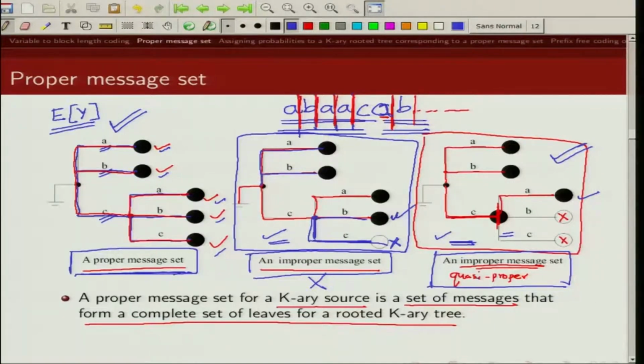Whereas for a quasi proper message set, we do not know an algorithm to find a code which will maximize the expected value of y. So in this lecture, we are going to concentrate only on proper message sets. How do we design a source parser using a proper message set such that our expected value of y is maximized?